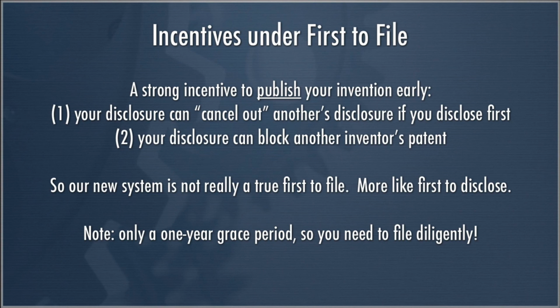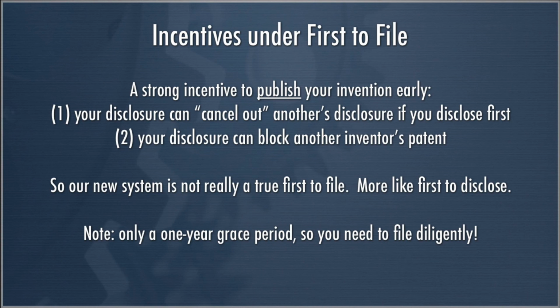And second, your disclosure can block somebody else's patent, right? It can essentially prevent somebody else from getting a patent, irrespective of if you're the first to disclose, irrespective of whether you follow up with your own patent. You can certainly block somebody else from getting a patent. I mean, imagine the scenario where you published a paper, but you didn't file your patent application until 13 months later.